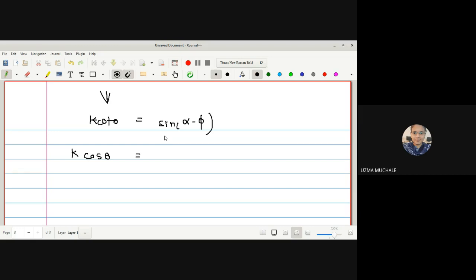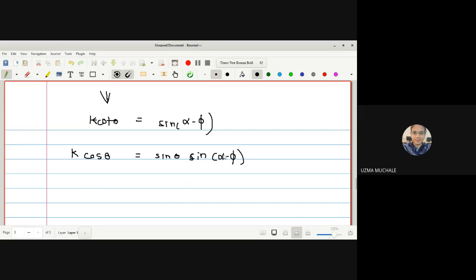Sine inverse of t we have taken to this side. So okay, fine. So we get sine theta, sine of alpha minus phi.